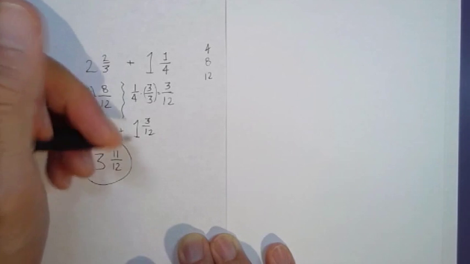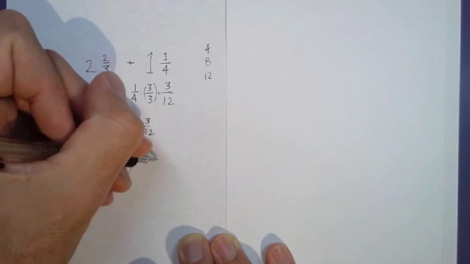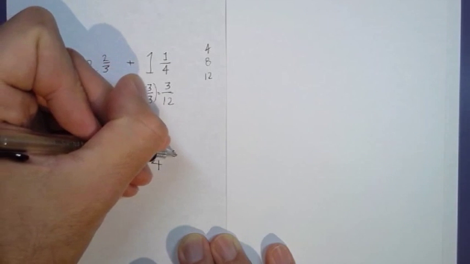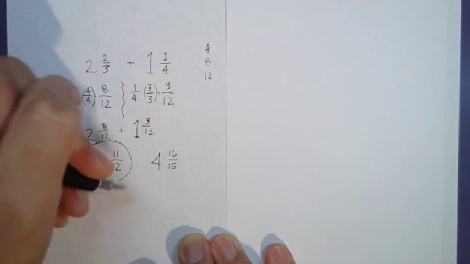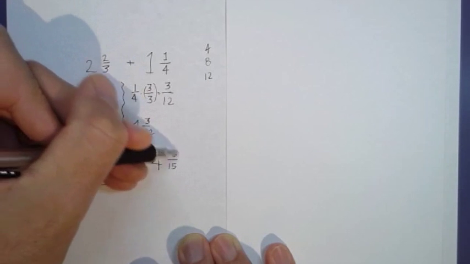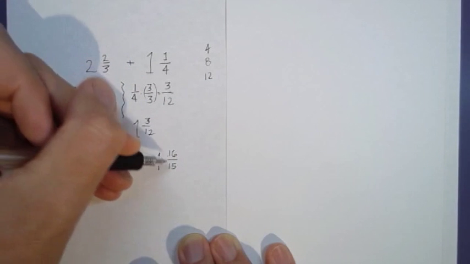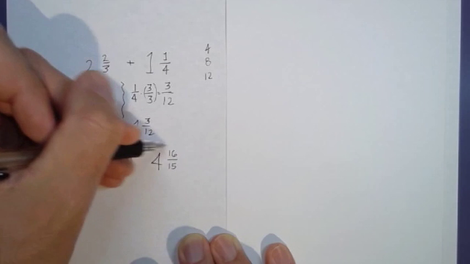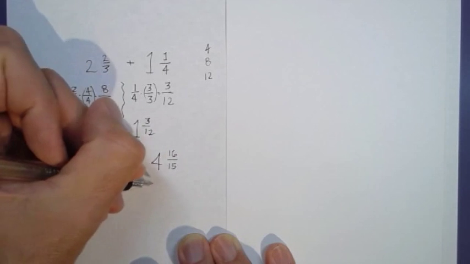If we did a problem where I had, say, 4 and 16/15, for example. Well, 16 is larger than 15. This is an improper fraction. So 15 goes into 16 once. So that generates a whole number that can combine with this 4.